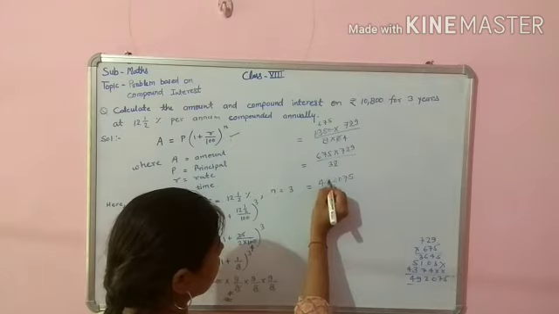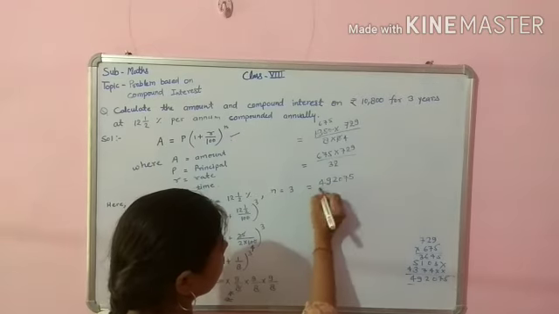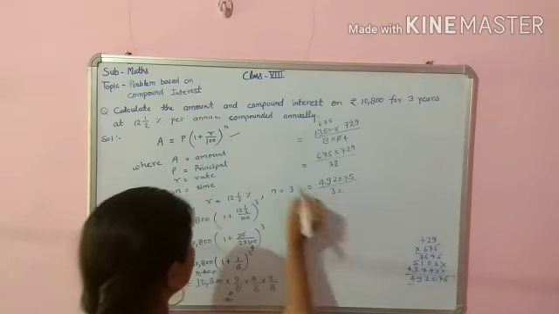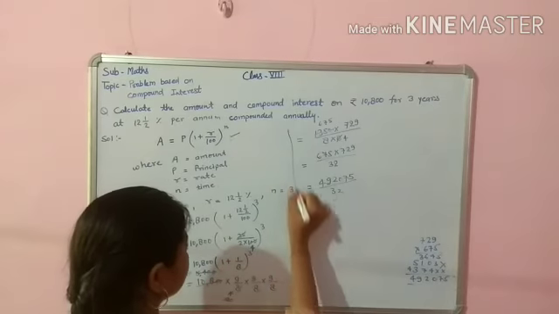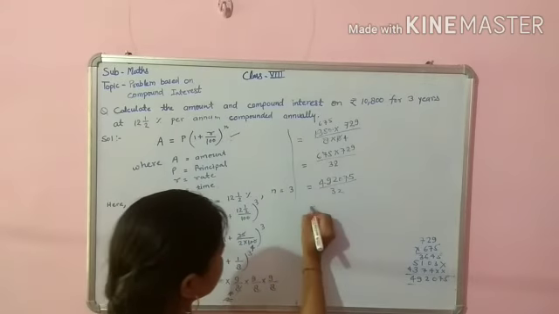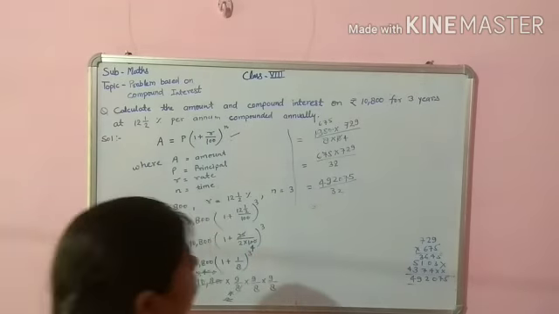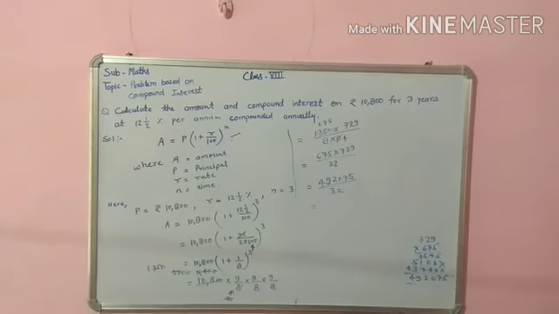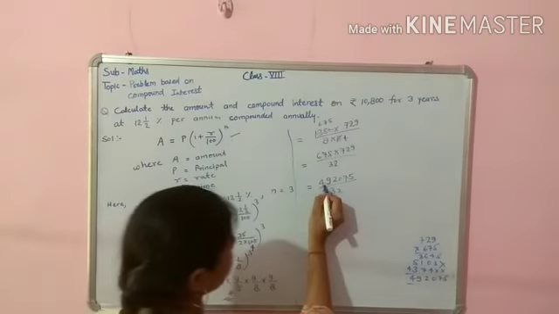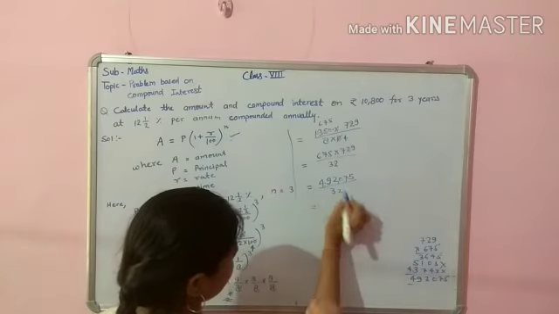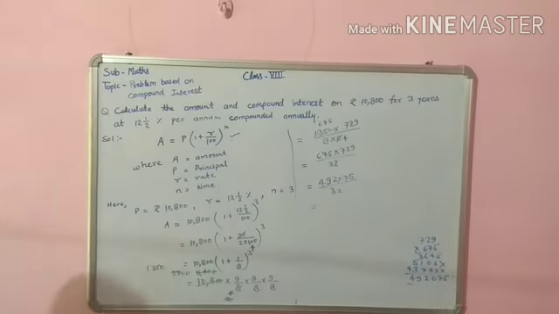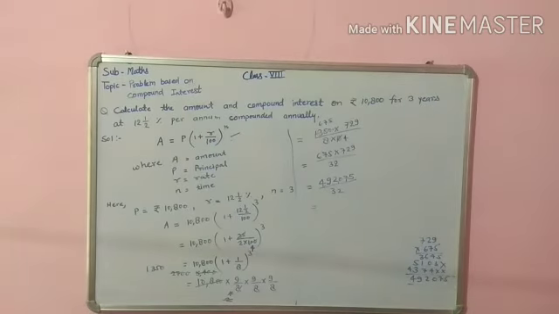492075 divided by 32. Okay. What you get? You can divide 32 for 4,92,075 divided by 32. What you get?